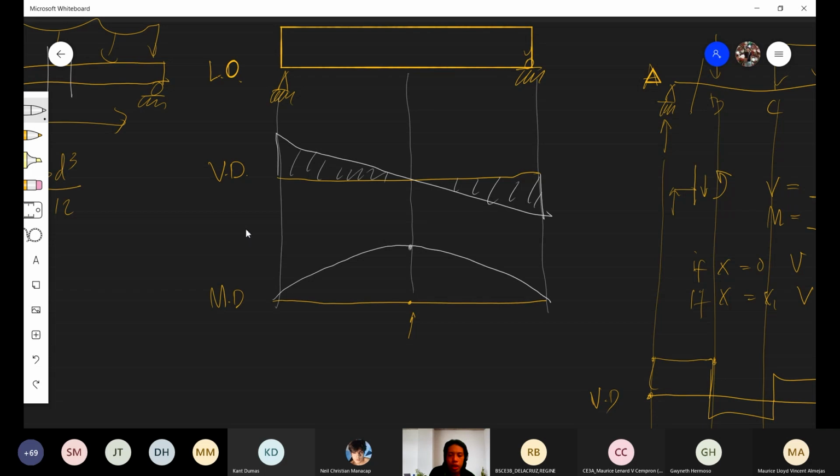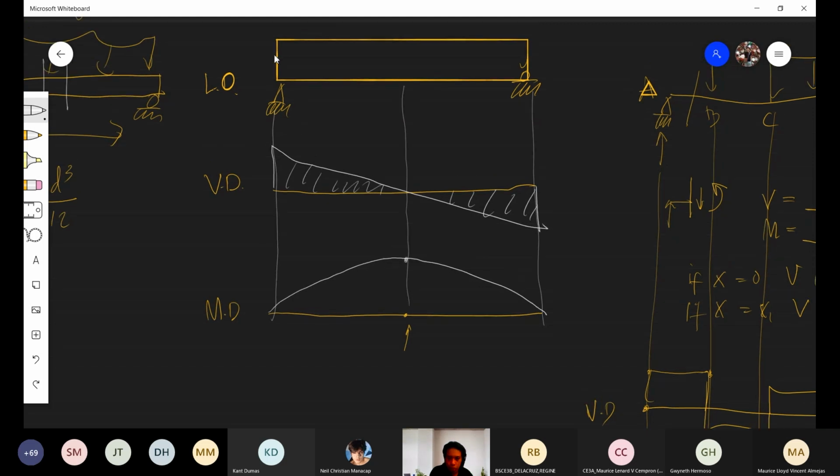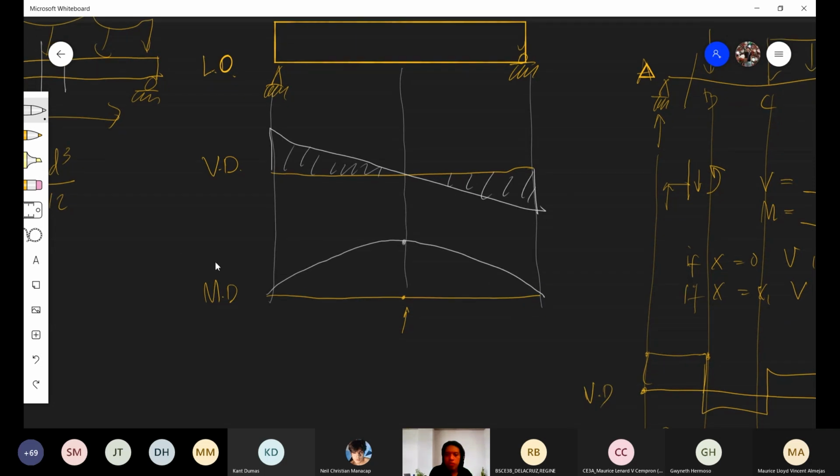So, as you can see, in terms of shear failure, the most vulnerable section is the section at the supports. Now, in terms of the bending moment or flexural failure, the most vulnerable section is the section at the midspan.